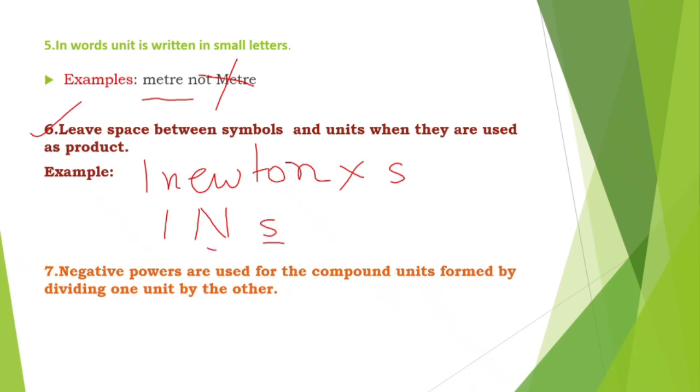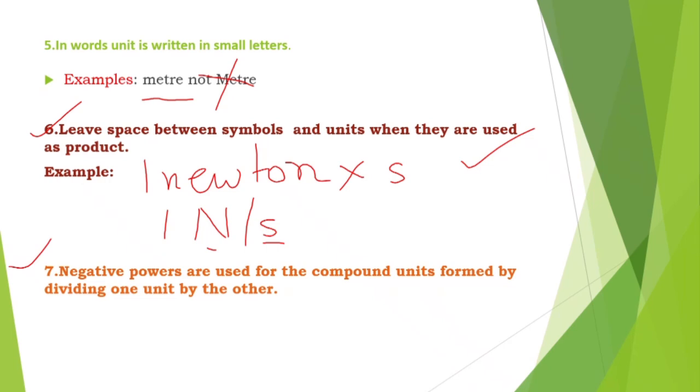Between these two units, there is a gap, a space. Now your question: why ma'am did you write capital N here and small letters there? Because as I told you, in words you must write in small letters, and when a unit is derived from the name of a scientist, its symbol should be in capital letter. Clear? Okay.